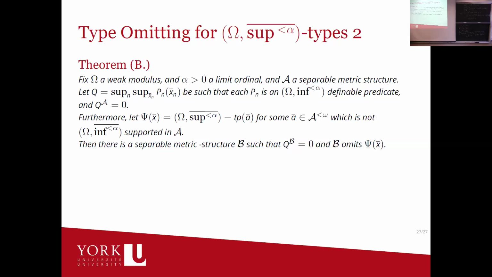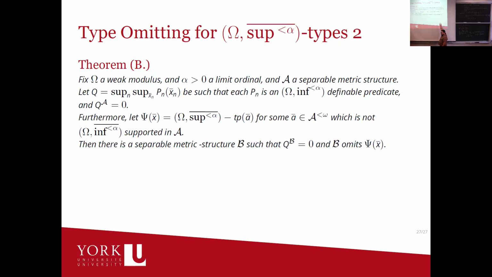Notice this is a type omitting theorem. I have this formula, this structure A that thinks Q is true and realizes this type, because this is the type of a tuple. What I'm telling you is I can build another structure B that also thinks the formula is true, but omits the type.